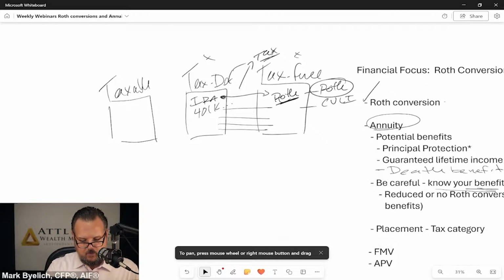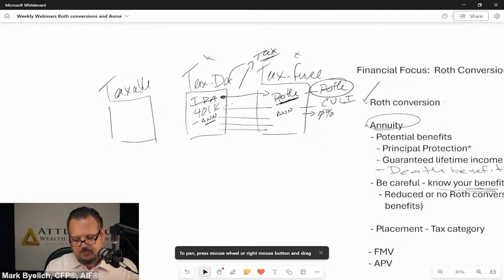But if you own an annuity as an investment in the traditional IRA, you're going to pay tax on distributions when you take those distributions. If you own an annuity in a Roth IRA, any distributions have zero tax. Now, of course, you have to meet 5-year rules and things like that when you're talking about Roth distributions.